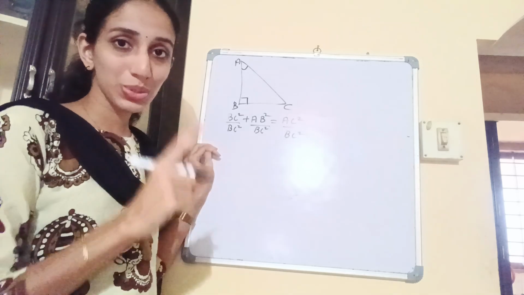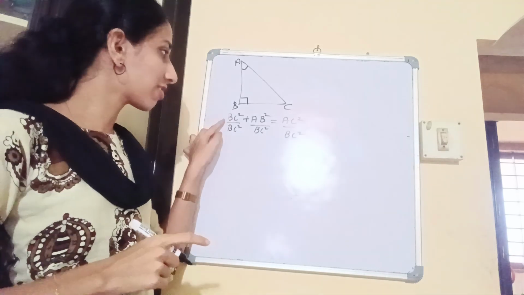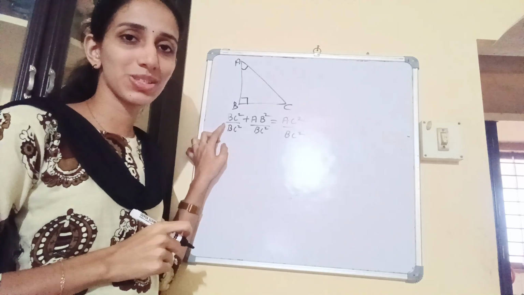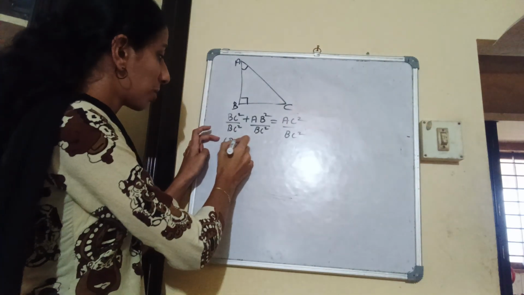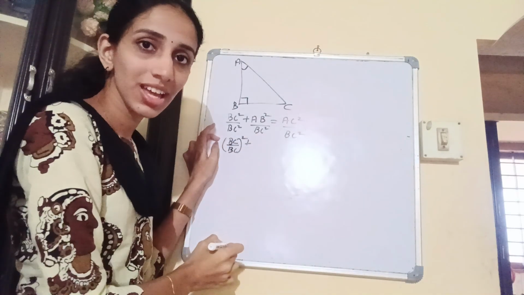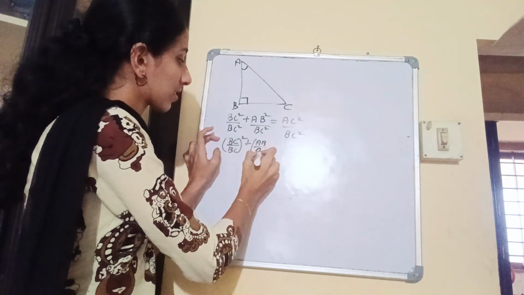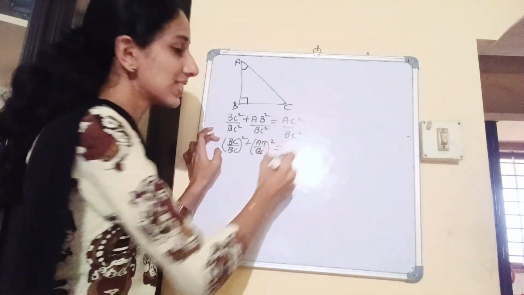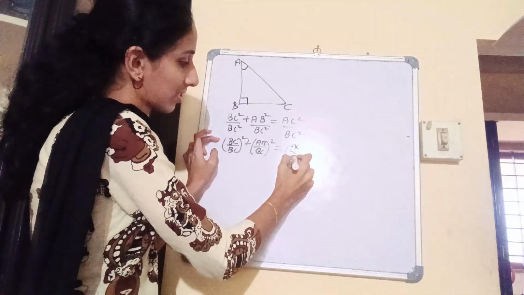We can rewrite A square by B square as A by B the whole square. So BC square by BC square is BC by BC the whole square, plus AB by BC whole square, equals AC by BC whole square.